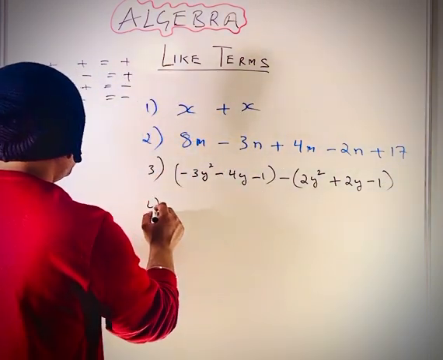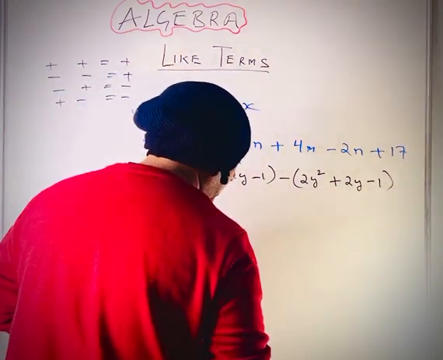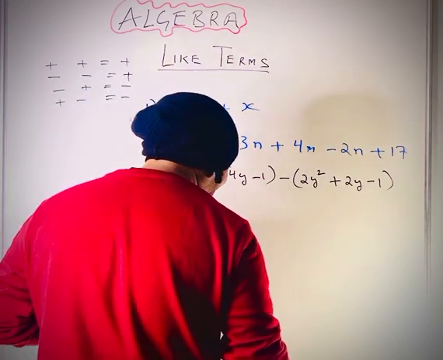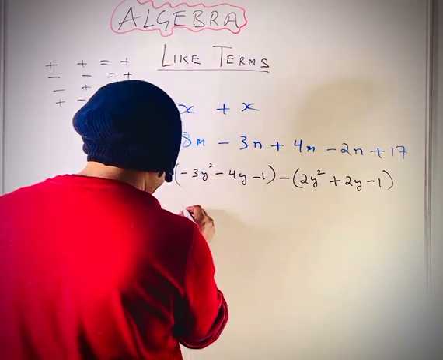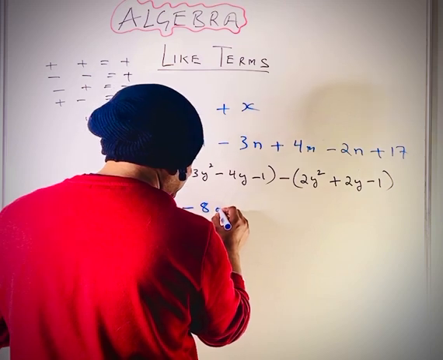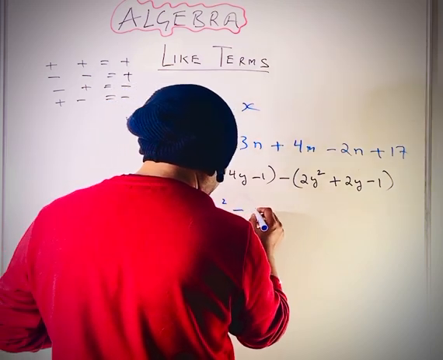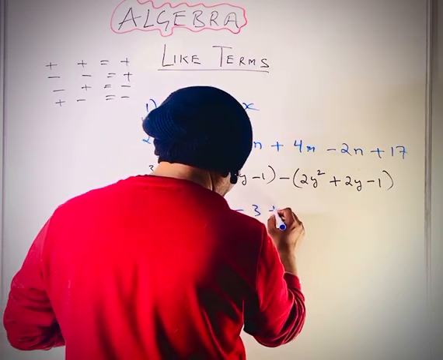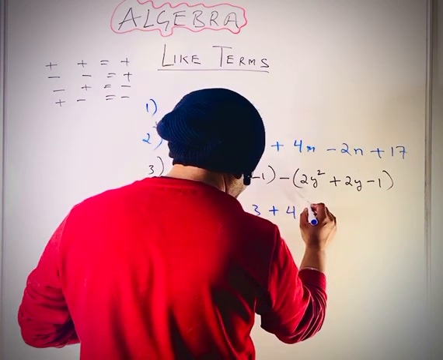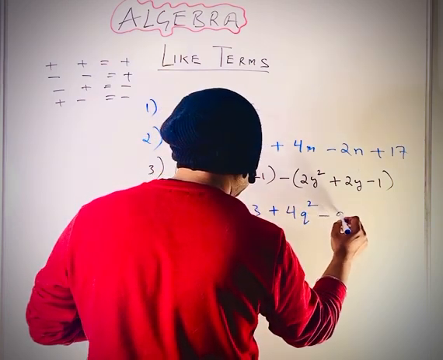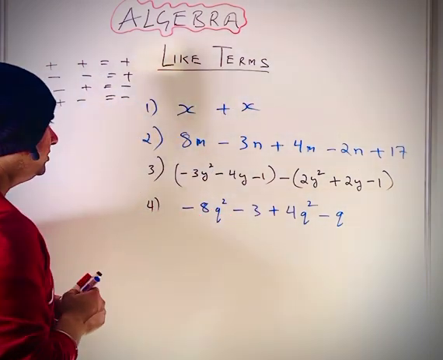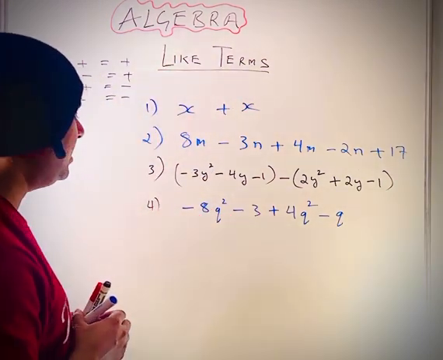The fourth question will be, let's say, minus 8q squared minus 3 plus 4q squared minus q. Now, I think 4 questions you can try now.